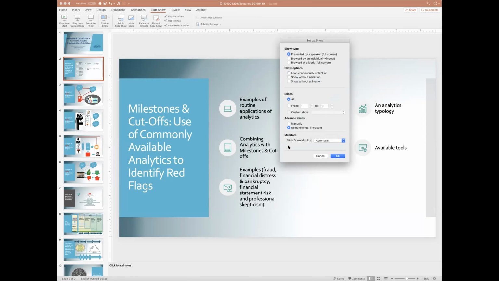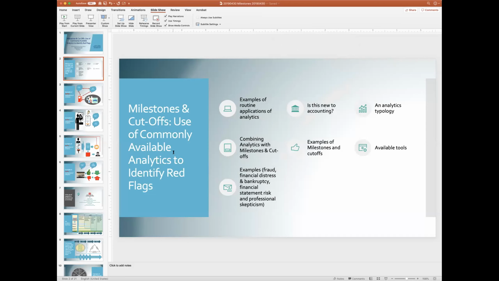Just dawned on me I could have used my other computer, but that's okay. No worries. I'll just go ahead and go from slide to slide. The other way I would be able to just click my mouse and move, but now I'll have to navigate manually from slide to slide. Whichever is easier for you. Yeah, that's fine.